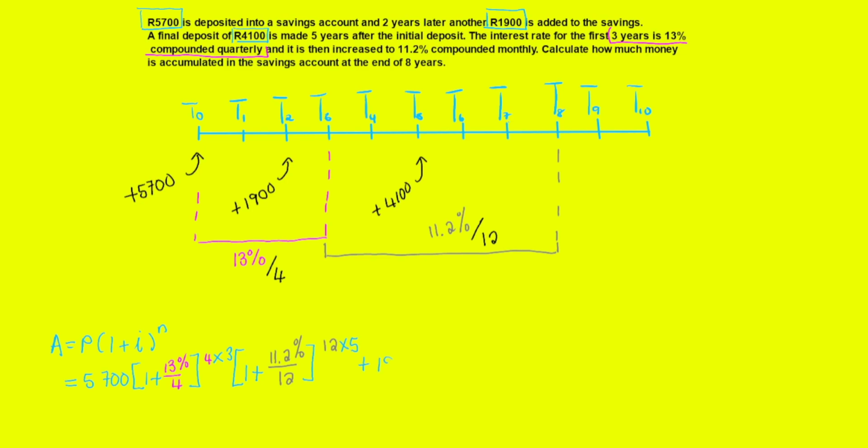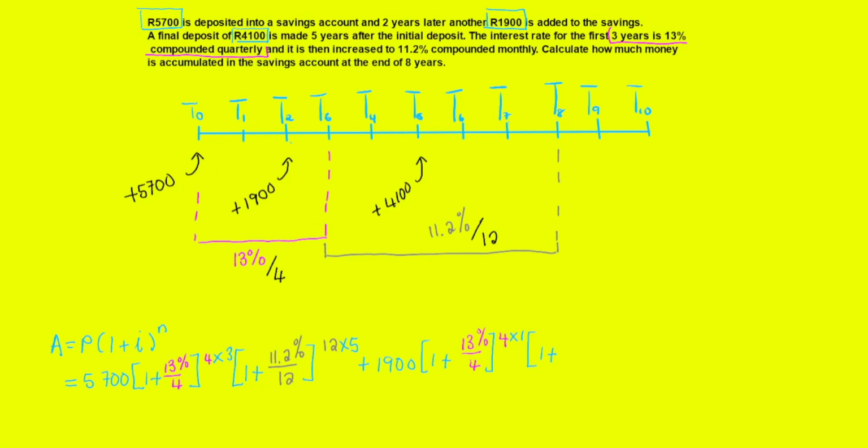Afterwards, we added 1.9, and this 1.9 was also affected by two interest rates. The first one was the 13% compounded quarterly, divide by 4, and then you raise it to the 4. For how many years? Well, this 1.9 was first affected by the 13% for 1 year, and then afterwards the interest rate changed.